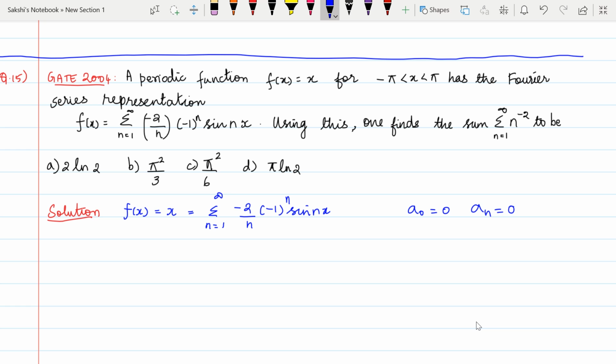So now how do you find this summation n power minus 2, that is 1 by n square? How can we find it? Okay, so the first thing that we have to do over here is think about what kind of formulas you remember. The one formula which we can use here is Parseval's formula.